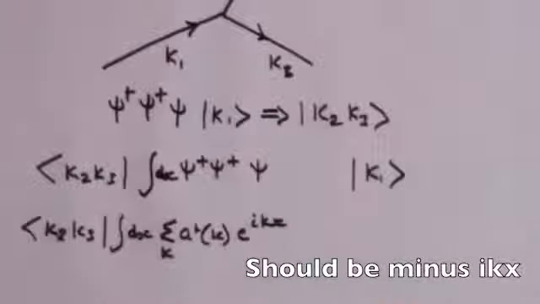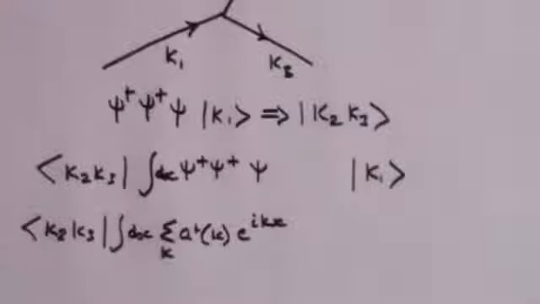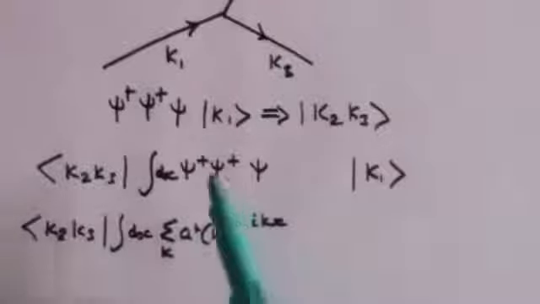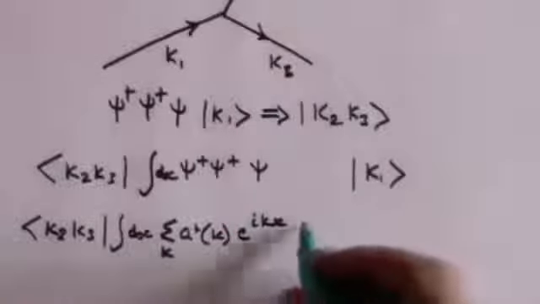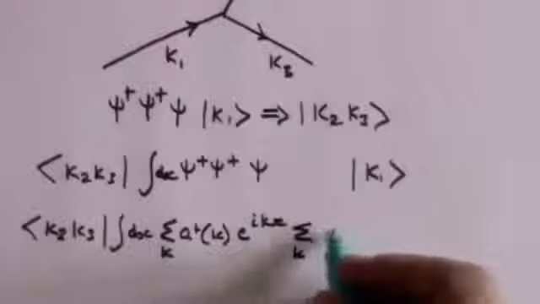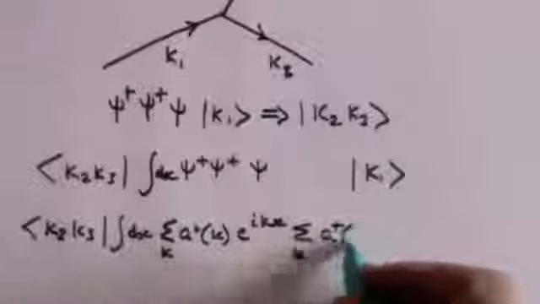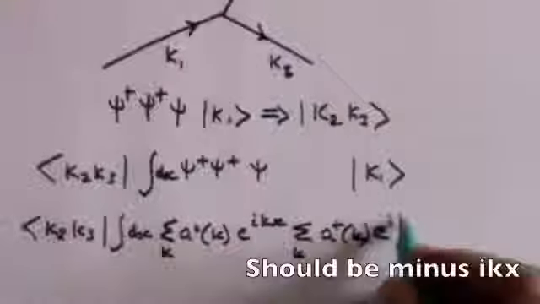I'm not going to bother with the omega t term because it's all going to happen at one time, which I can set to t equals 0. So we can forget about the time coordinate here. That will shorten the process a bit. So that's the first creation operator. Here's the second creation operator, which is sigma over k of a plus of k e to the ikx.